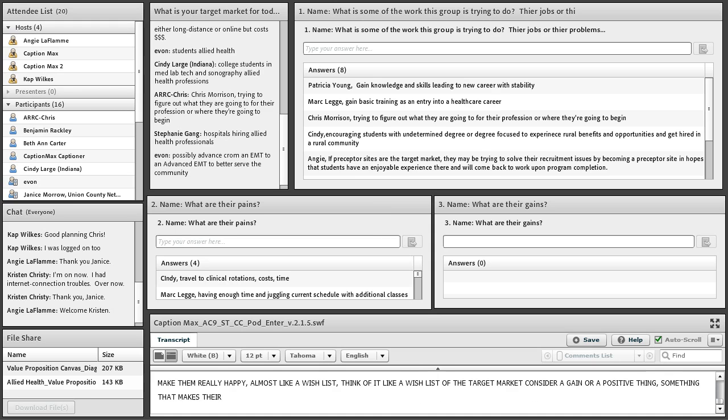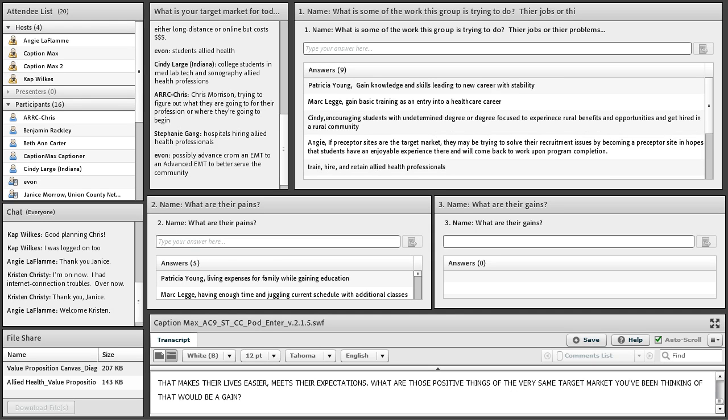Think about it a little bit like a wish list. What does that target market consider a gain or a positive thing, something that makes their life easier, meets their expectations? What are some of those positive things that this very same target market you've been thinking about would consider a gain?